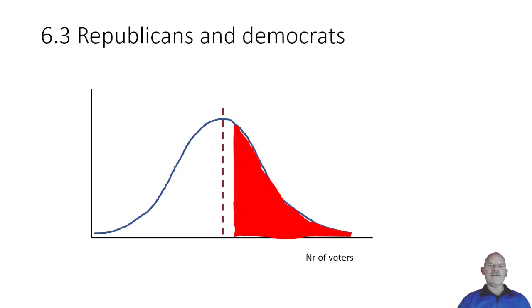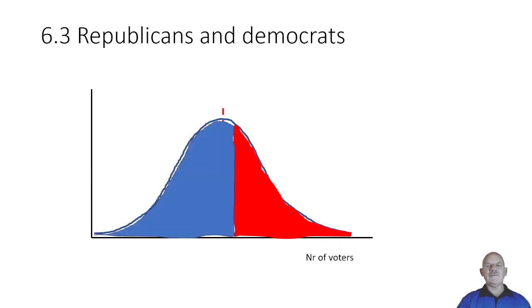Now, in the last election, the Republicans lost, so the median voter was definitely part of the Democrats, and hence they won the election. In another year, more people will vote for the Republicans, and then the median voter will be part of them.